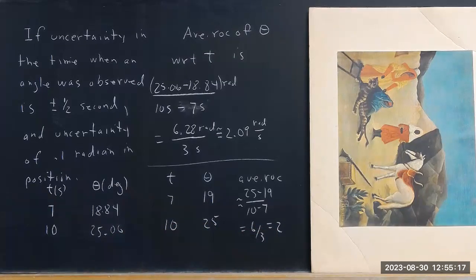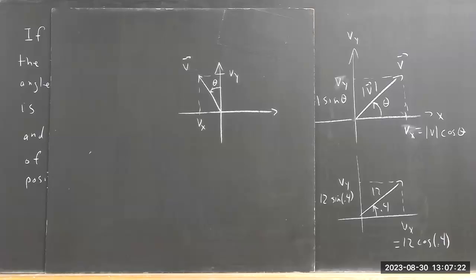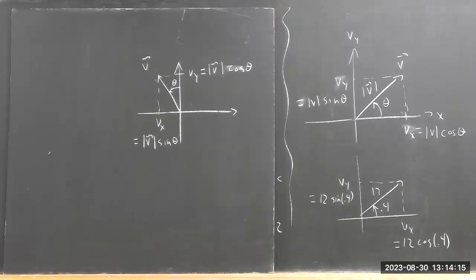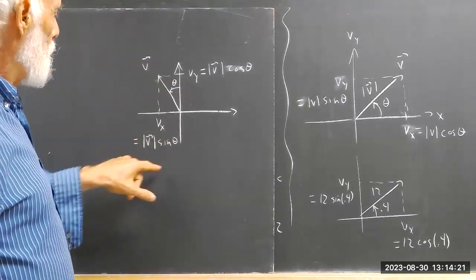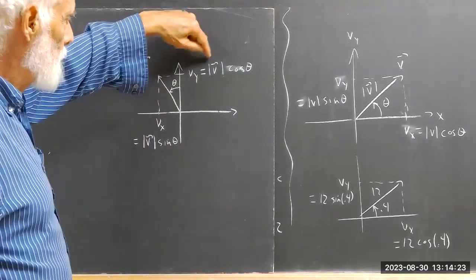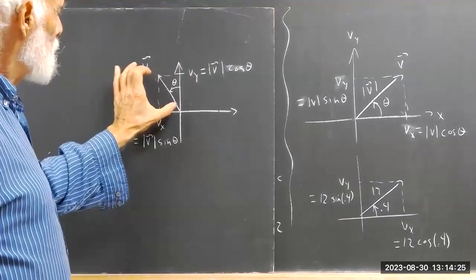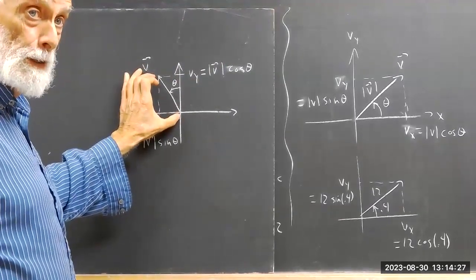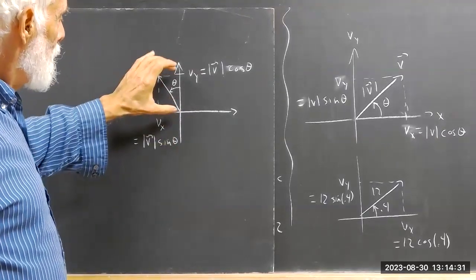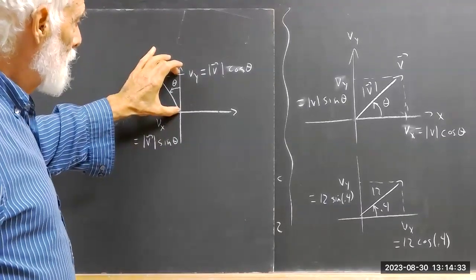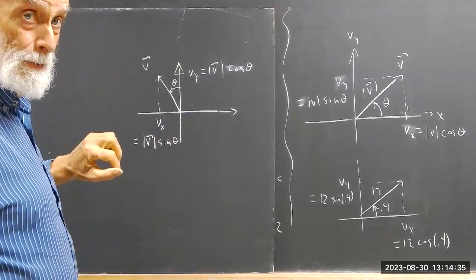Does anybody know what a differential is? Oh, phooey. Okay, what we said was, if we have this, what's Vy, what's Vx? Well, Vy is the magnitude of V cosine theta. Magnitude of V is how long this side of this triangle is, and theta is the angle, and the Vy side is adjacent to the angle.